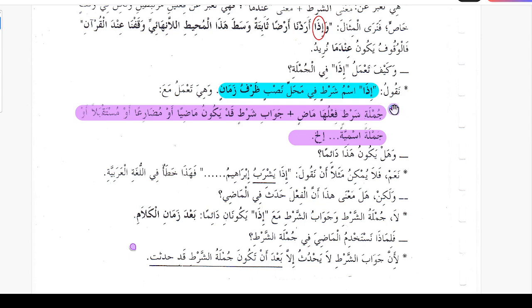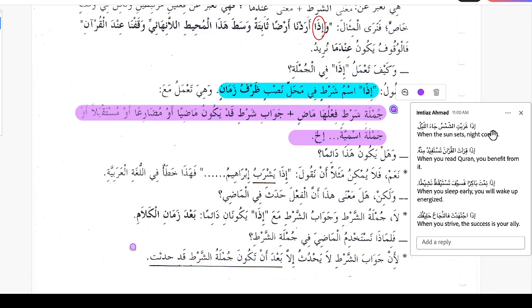There are examples for everything, for all these cases. So number 1, use of the jawab shart as a past tense. Iza gharabat ash-shamsu ja'a al-laylu. When the sun sets, night comes.